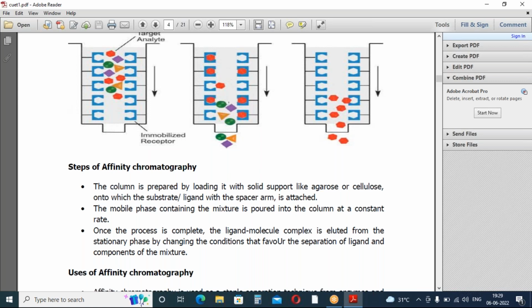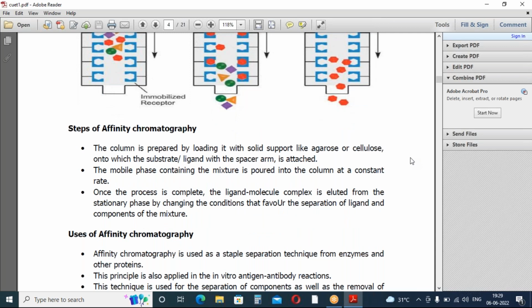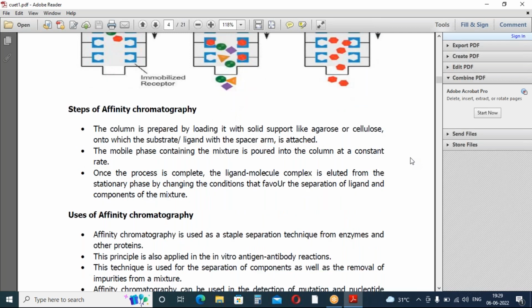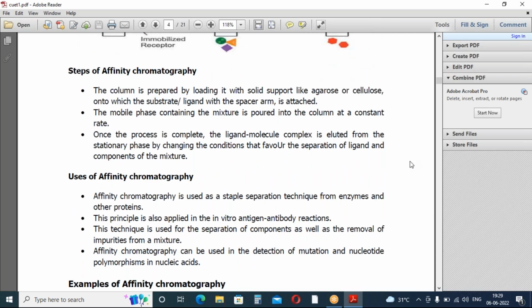And next, what are the uses of this affinity chromatography? It is based on the attraction between stationary and mobile phase, and it is mainly used as a separation technique for enzymes and different types of proteins. How can we separate enzymes?